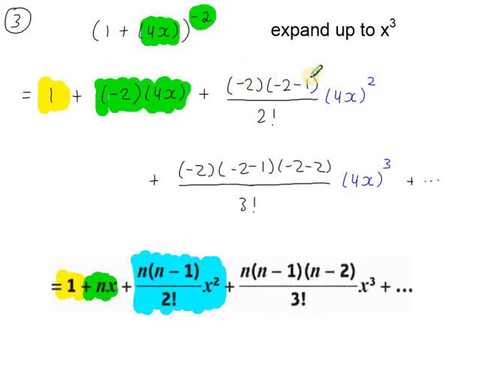There's the n minus 1 over 2 factorial. Remember to put the x term in brackets, squared. You've got to put brackets in. This is actually 16x squared when you expand the brackets. And then you've got your final term, where you've got n minus 1, n minus 2 over 3 factorial times your x term cubed. And then simplify all of these.